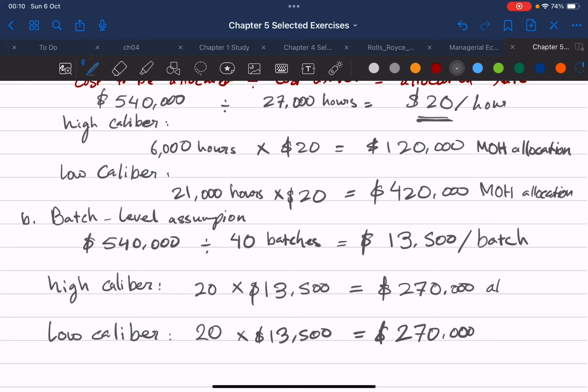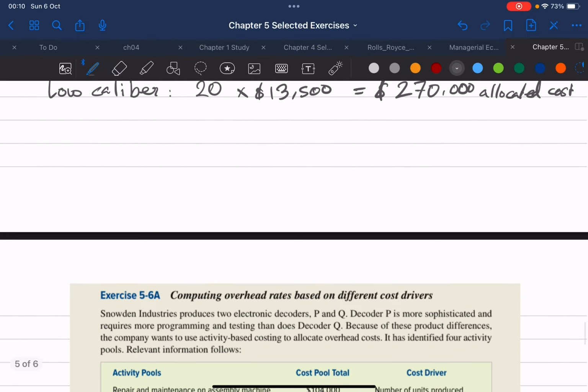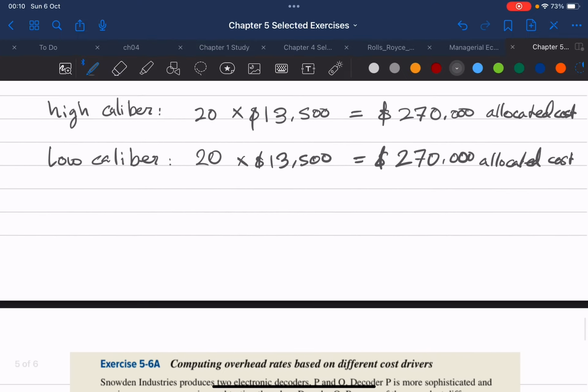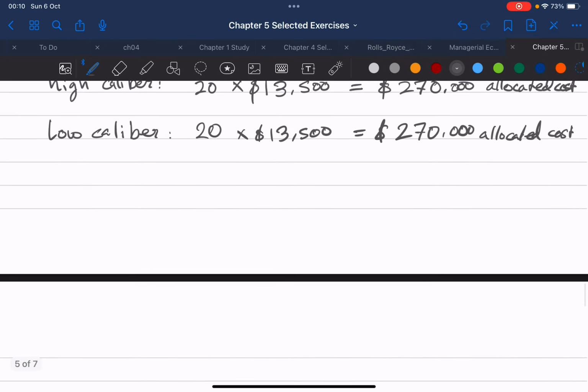Now both of these are allocated costs. Okay. Let me add one extra page here, and we'll do part C.